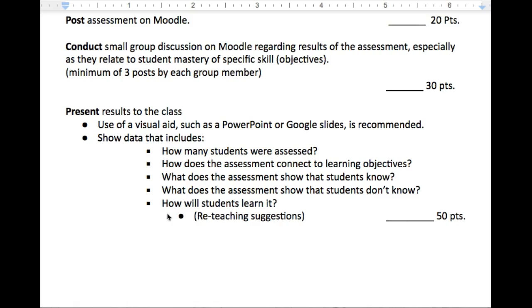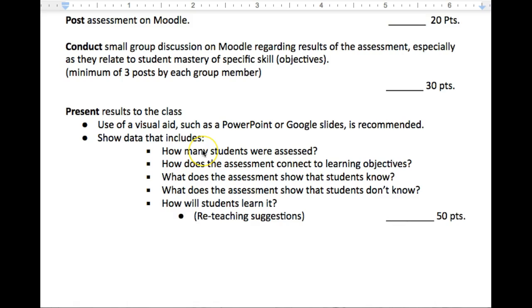PowerPoint or Google Slides are recommended, either one or the other. You can also do a screencast, which is the way I present to you every week, and discuss the data if you'd like. Screencasts are fairly easy to use, and I'll put a link for those up there under the week the assessment is due.